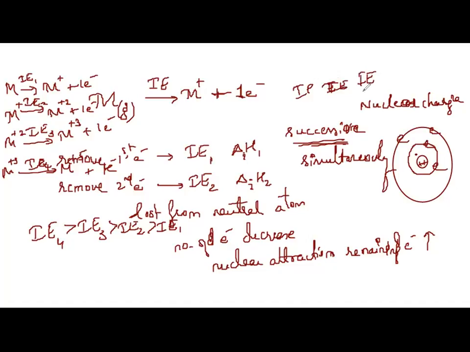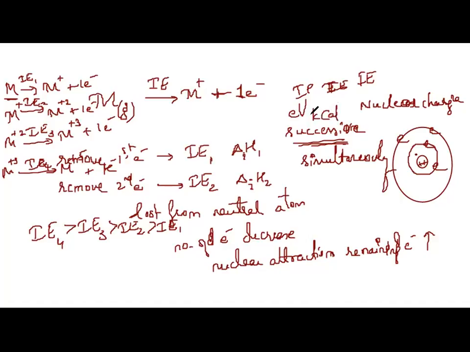It may be defined as the minimum energy required to remove an electron from the outermost valence shell of an isolated gaseous atom in its ground state. So first we consider the ground state. Ionization potential is expressed in electron volts or in kilocalories per gram atom.